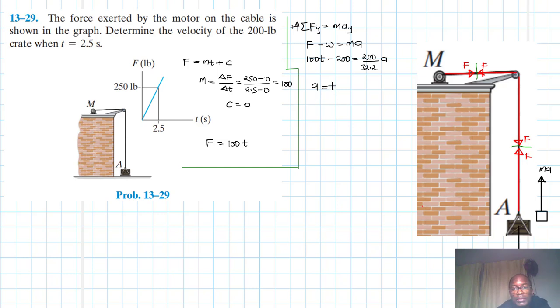So this becomes 16.1t, and then minus 200 divided by 200 divided by 32.2, so this is just 32.2. So this is the acceleration in terms of t. The question is to find the velocity.